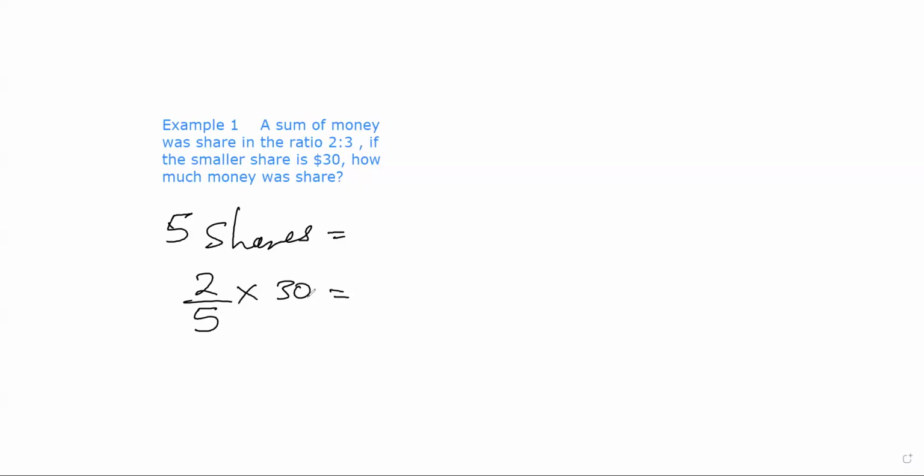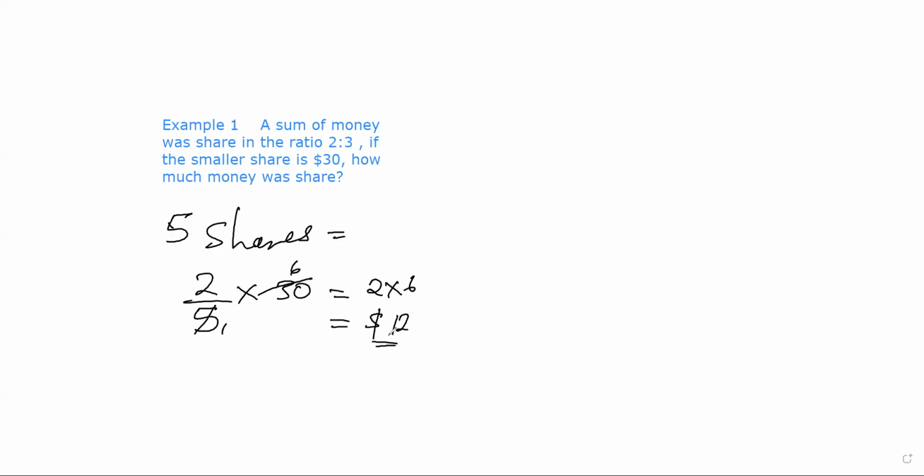Find out how many 5s you can get out of 30. 5 into 30 gives you 6. And then you're going to multiply the 2 by the 6 to get 12.